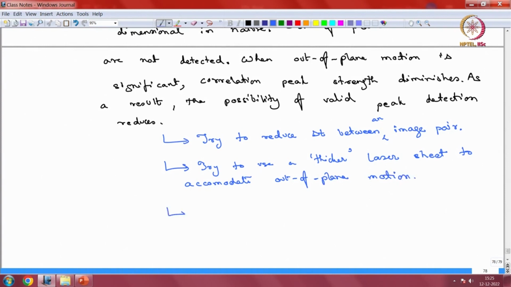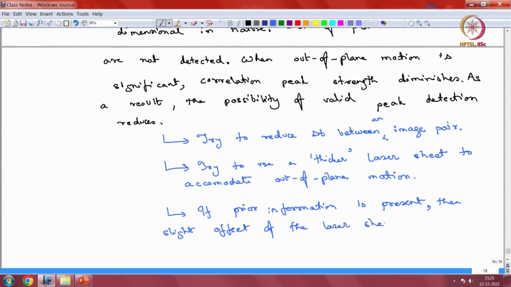And finally, if prior information is present, then a slight offset of the laser sheet for the second image can be attempted.